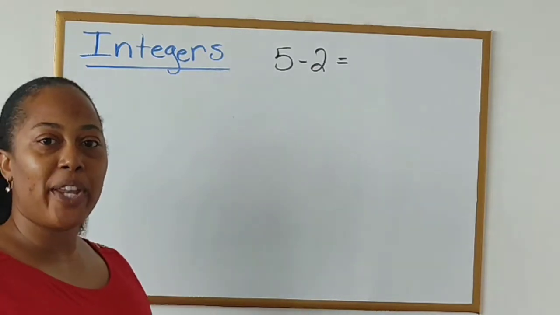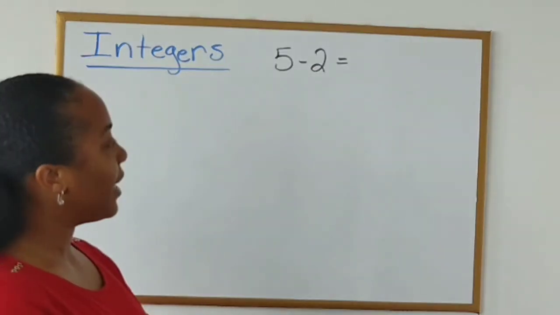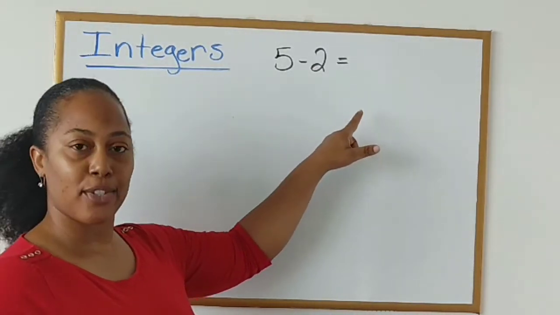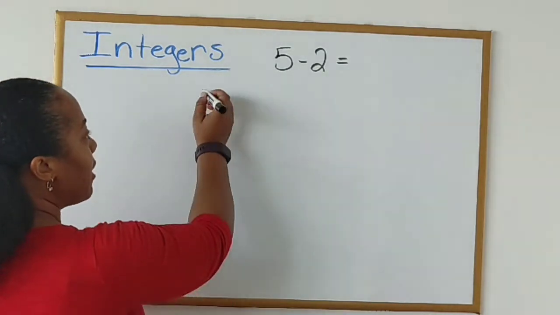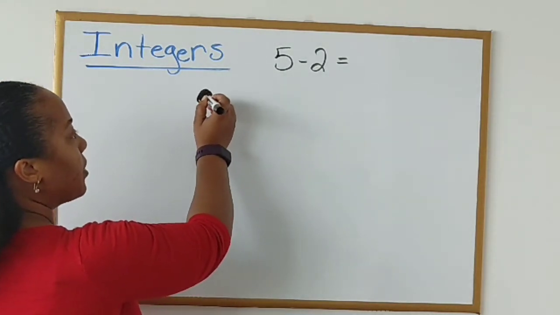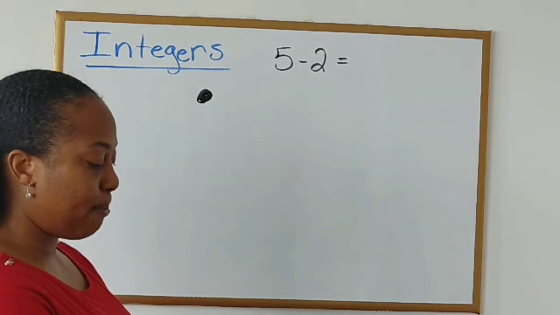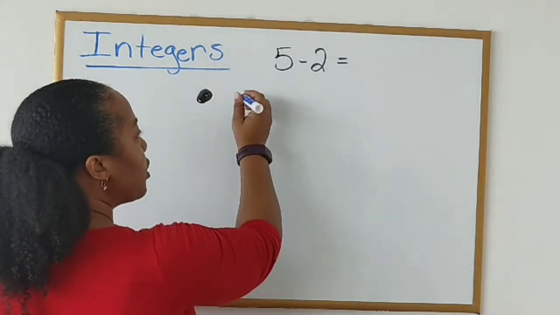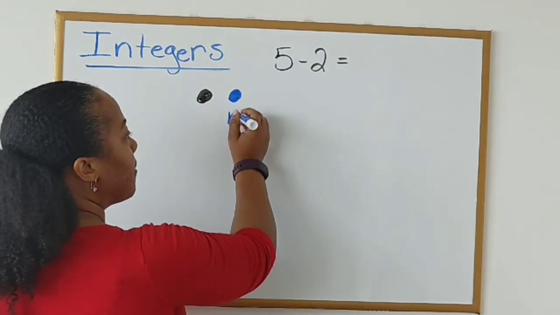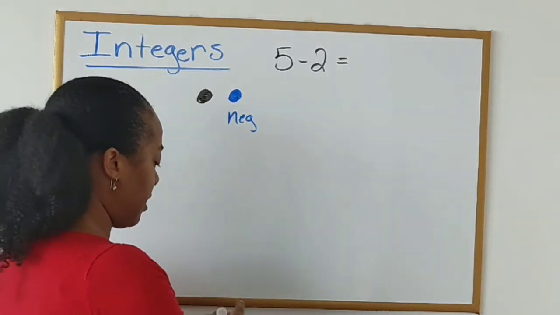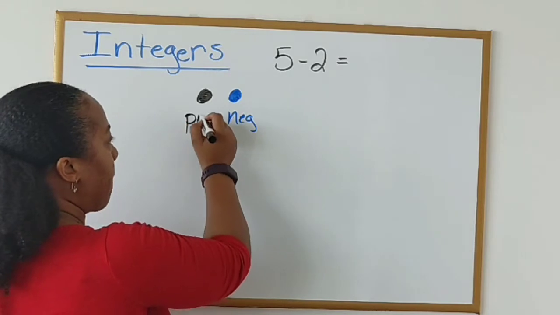Okay, so now we are representing integers. I gave you a problem up here, 5 minus 2. So if every black dot represents a positive integer, then every blue dot is going to represent a negative integer. So negative and positive.